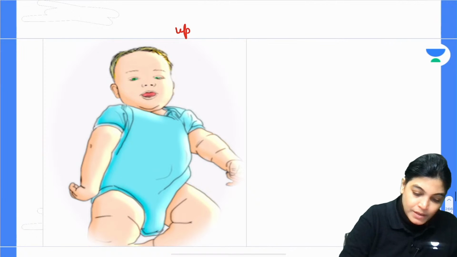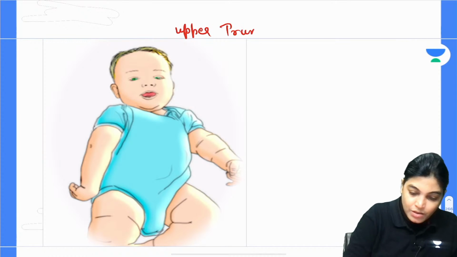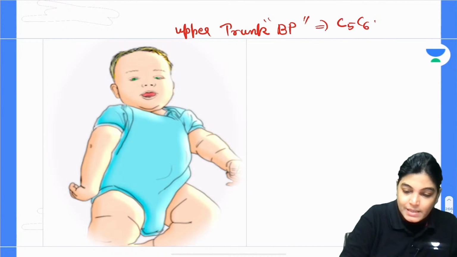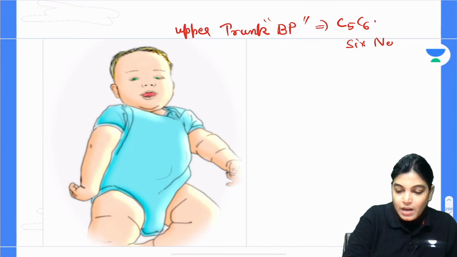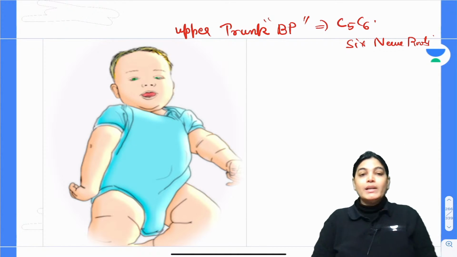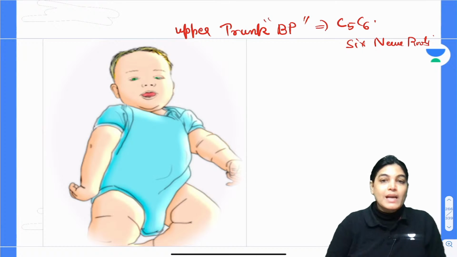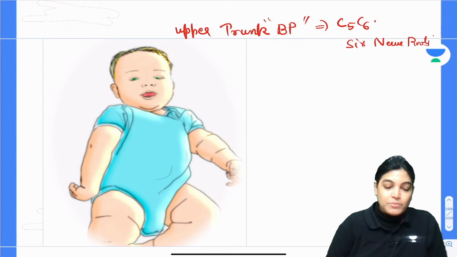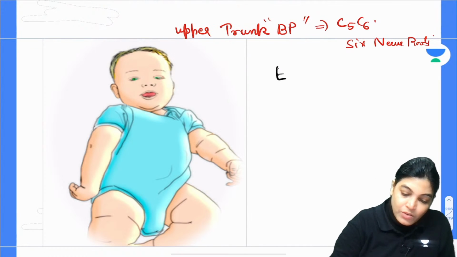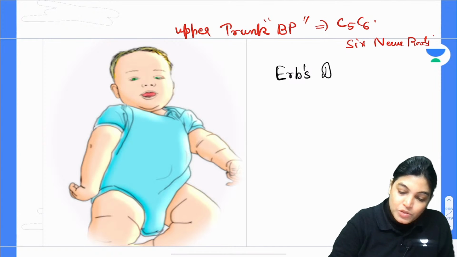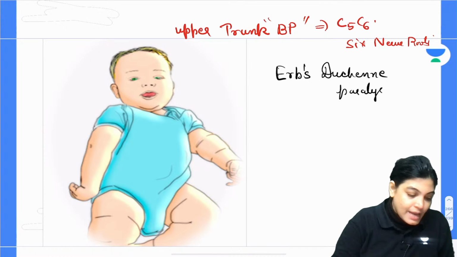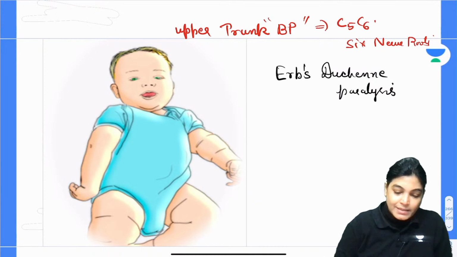Actually, when upper trunk of brachial plexus is injured, the root involved is C5 and C6 and here 6 nerves are meeting: anterior and posterior division, suprascapular nerve, nerve to subclavius and upper trunk. The injury will cause Erb's palsy, Erb's Duchenne paralysis. Yes, absolutely right. That is the Erb's point.